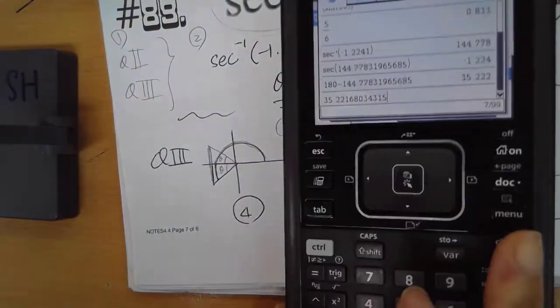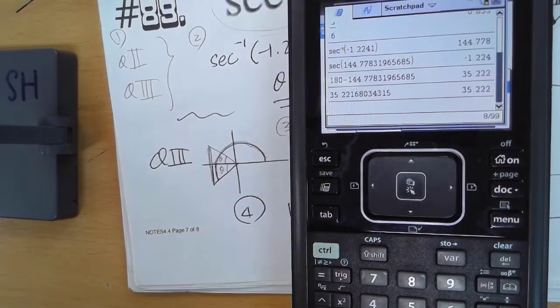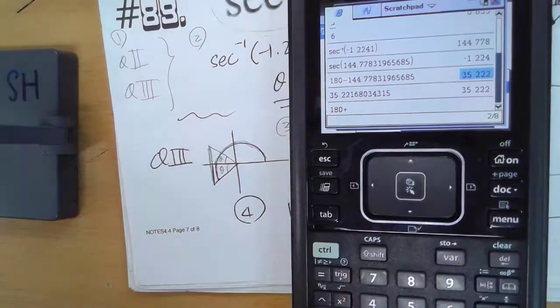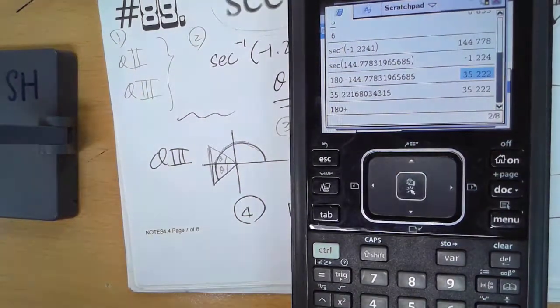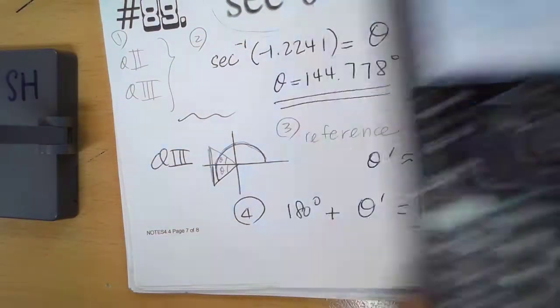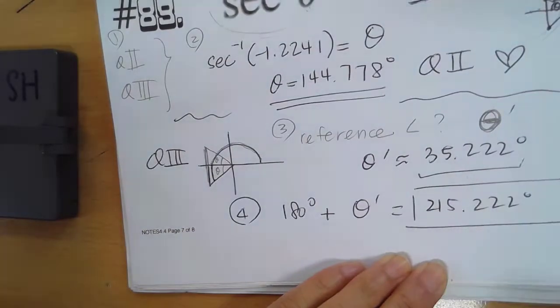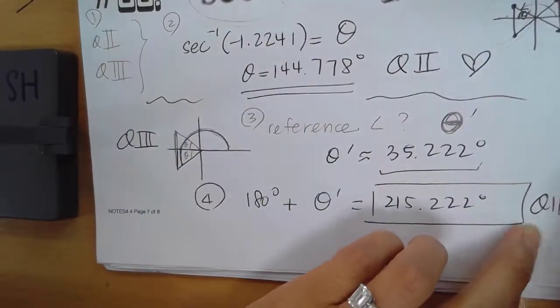We take our calculators and do 180 degrees plus, scrolling back up to my reference angle, and I get 215.222 degrees, and that's my quadrant 3 answer.